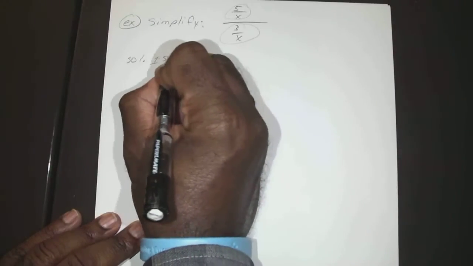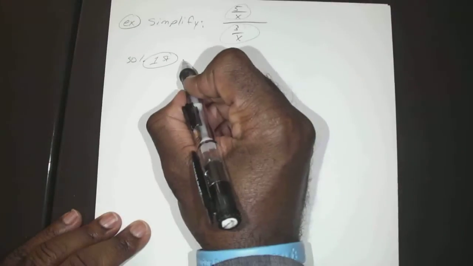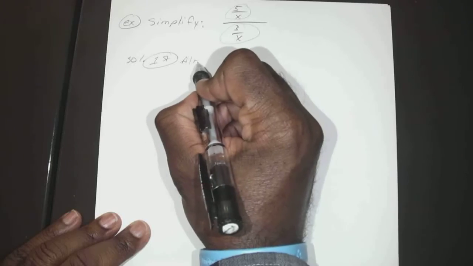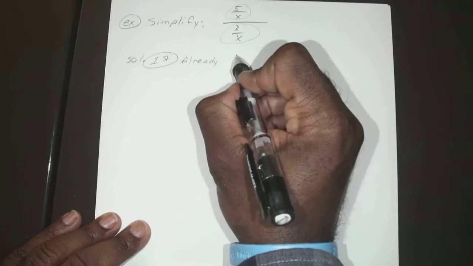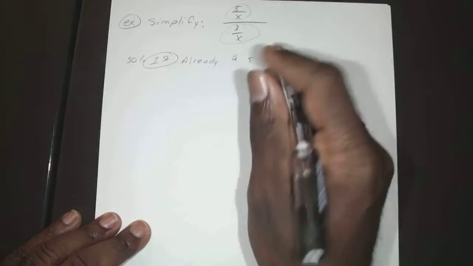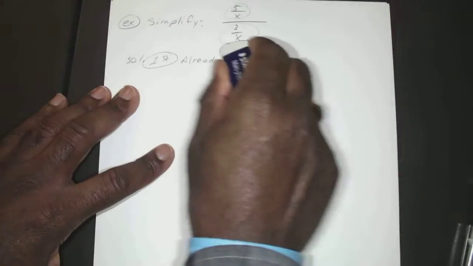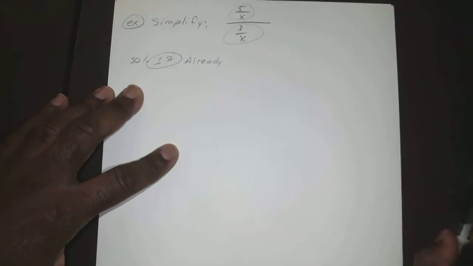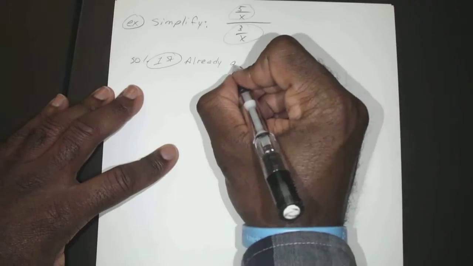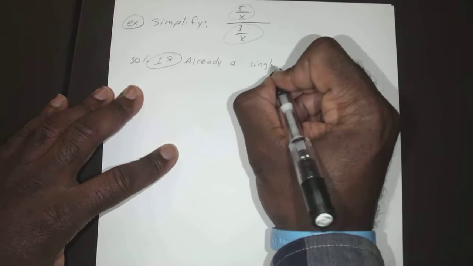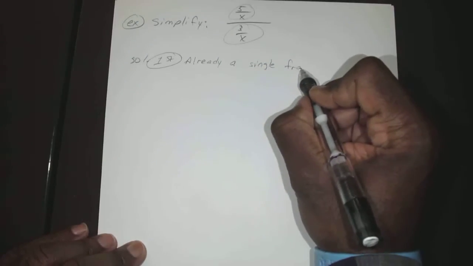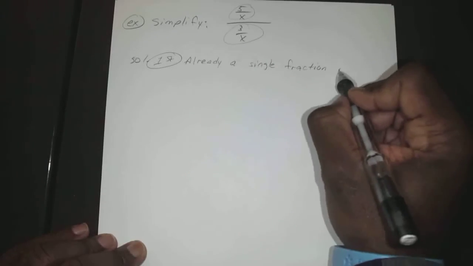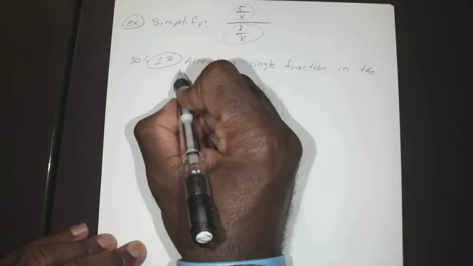So first, you can skip this step because you're already a single fraction in the numerator and denominator.